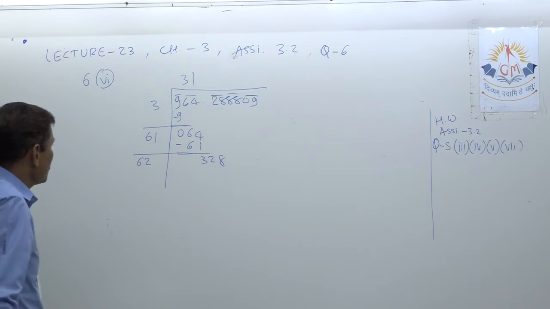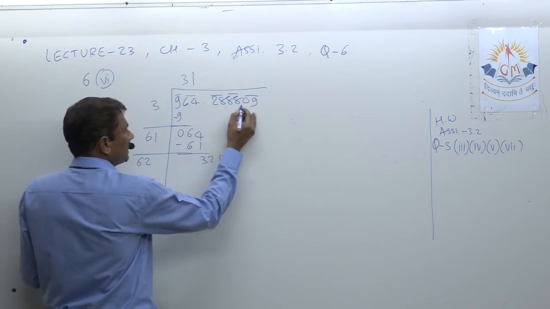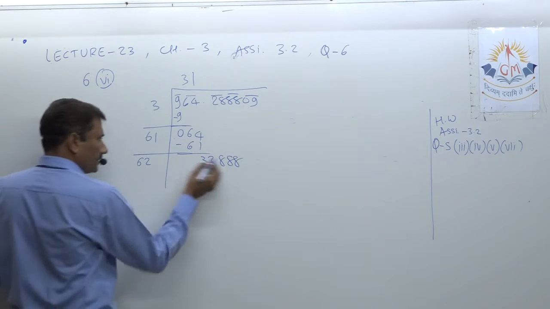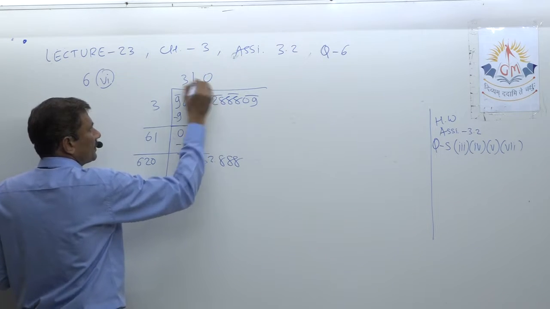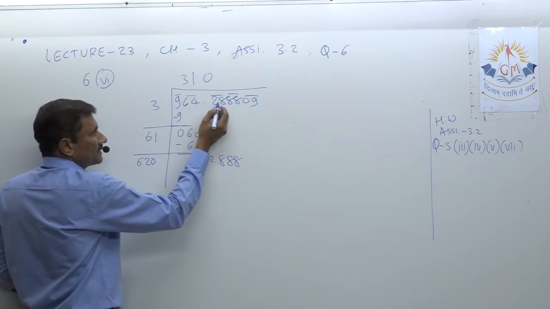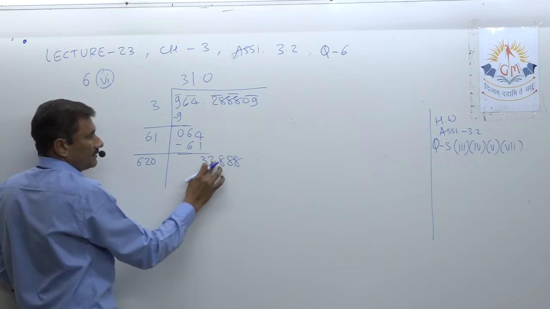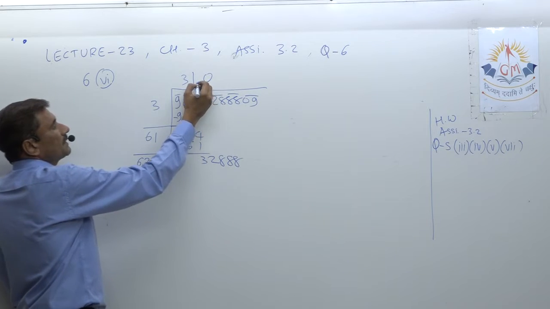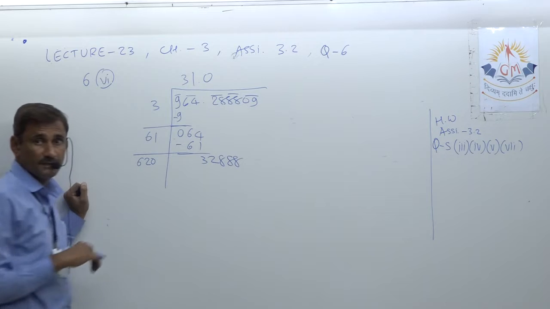So for 328 it is not possible here, so I bring 88 also. But before that you should place 0 here and 0 there, and I place the point also. Why? Because as soon as these digits 28 came here, you enter the decimal part, so instantly you should place the point.